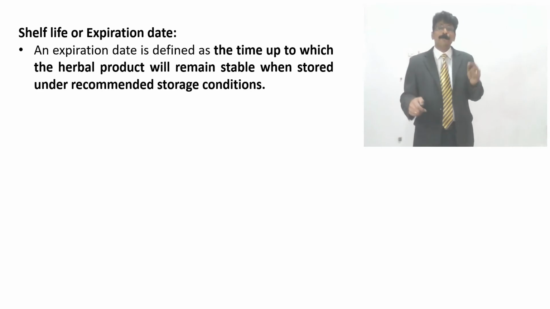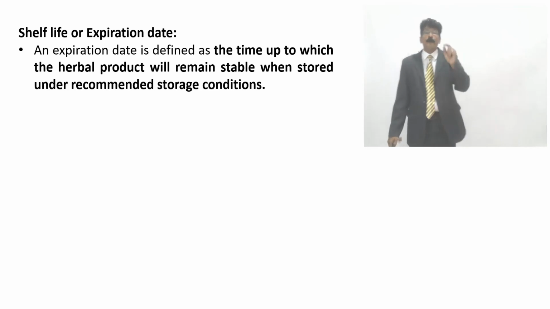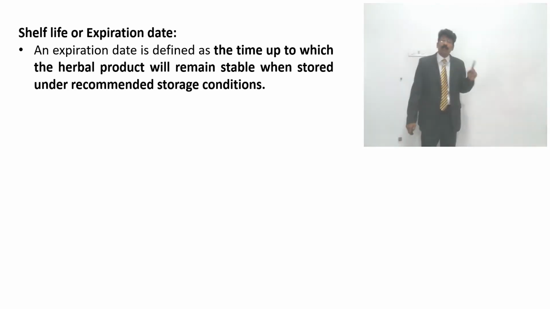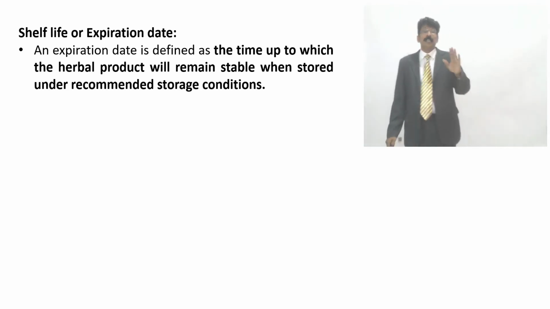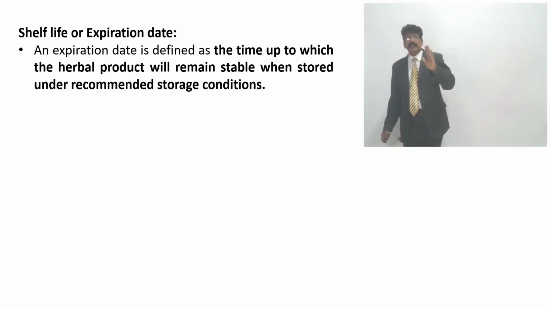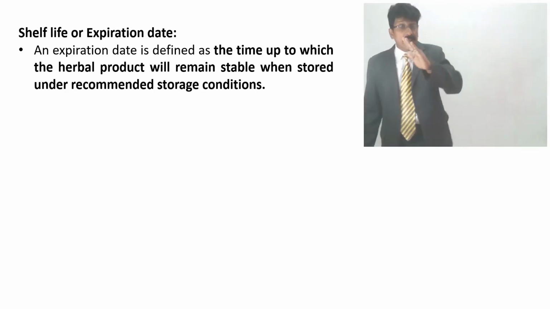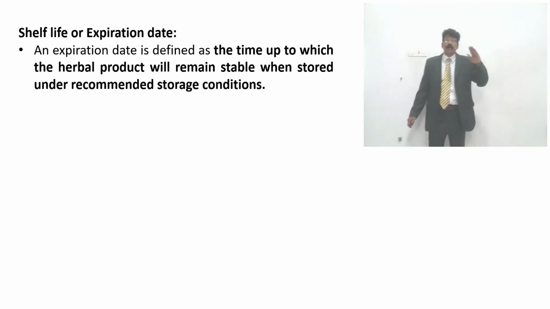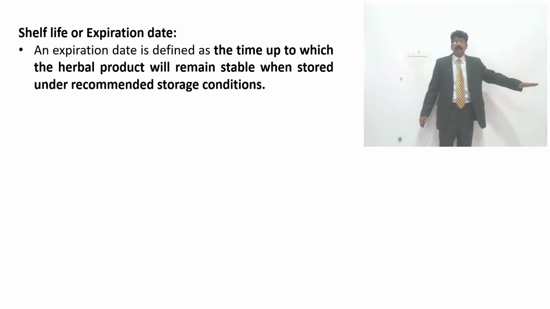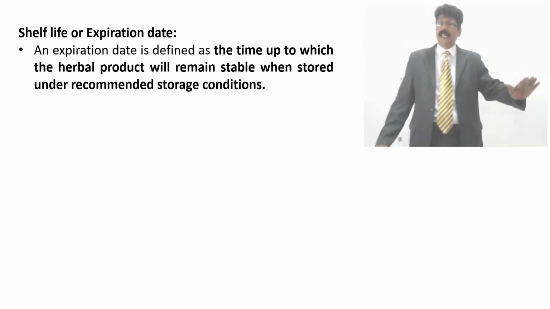An expiry date is defined as the time up to which the herbal product will remain stable when stored under recommended storage conditions. Understand? That time may be 1 year, 2 years or 3 years. The product doesn't deteriorate, it doesn't get spoiled, it doesn't change its color, it doesn't lose its potency.